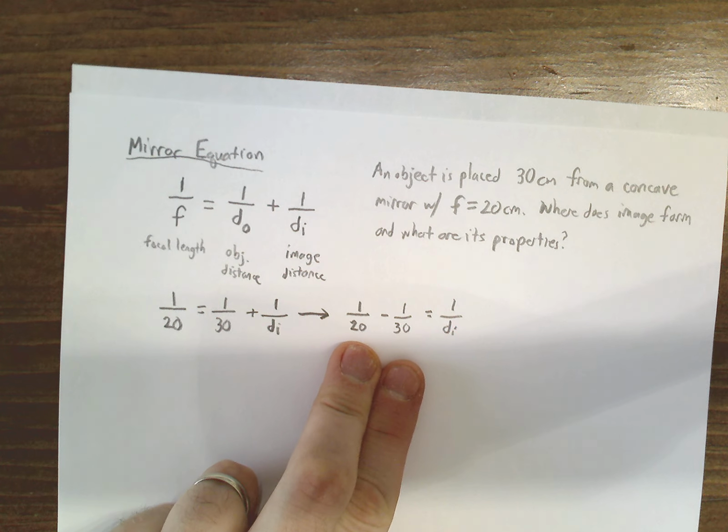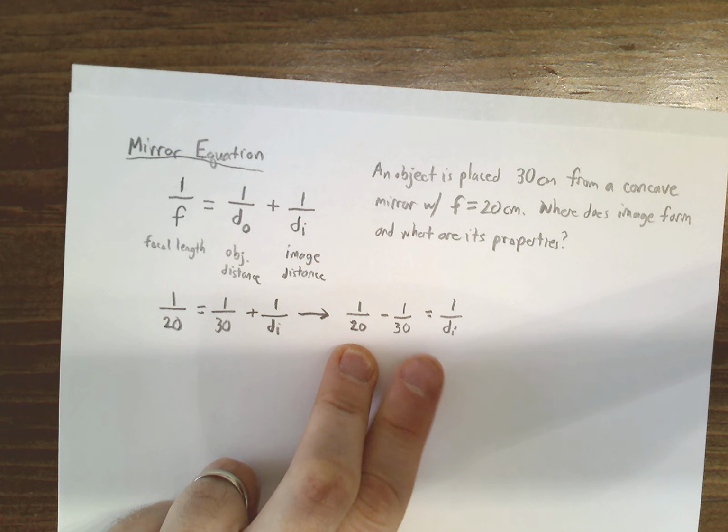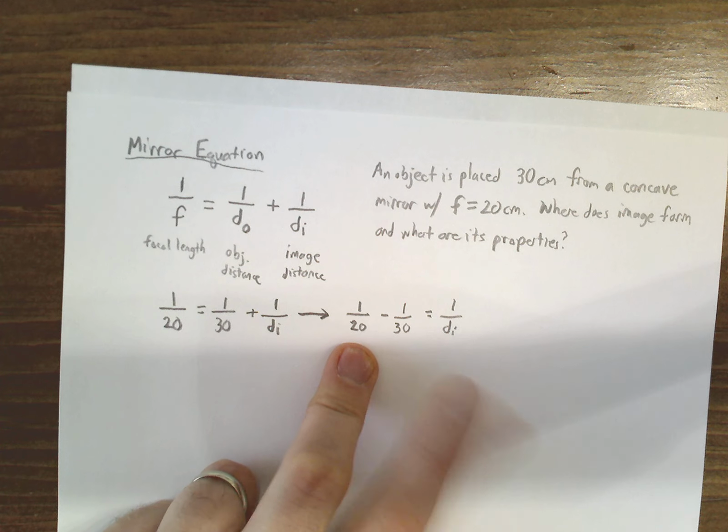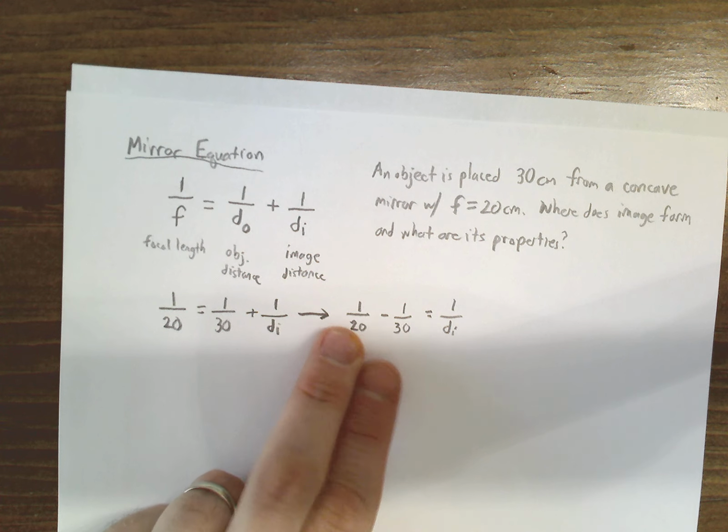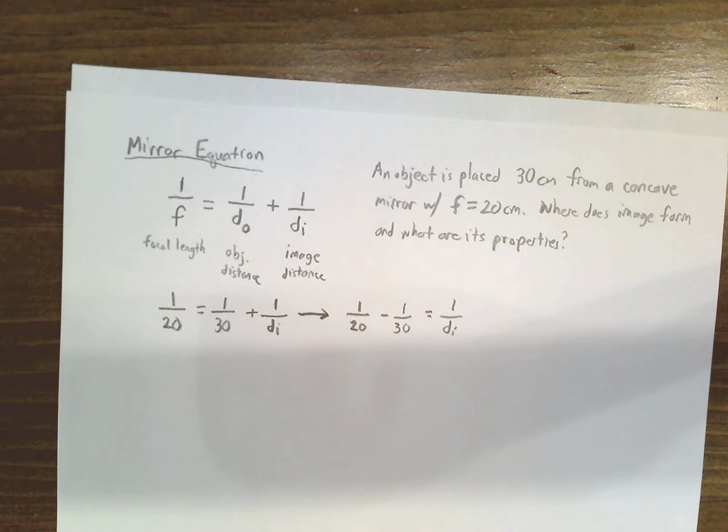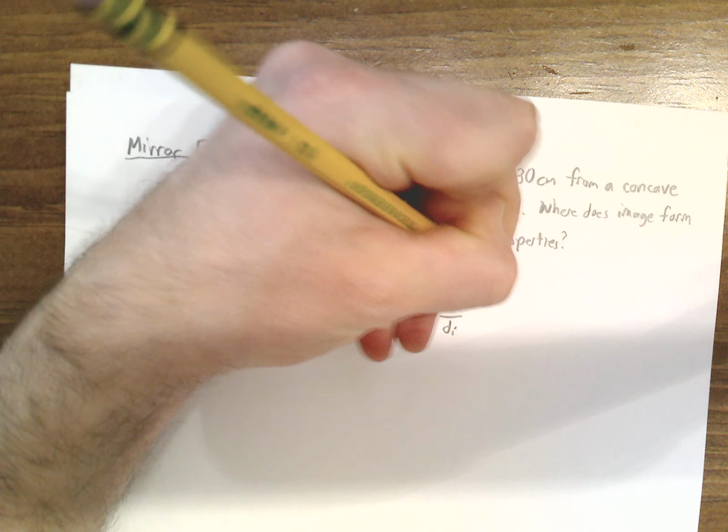Here you're going to get a number. You're going to put this into your calculator, and then you're going to get that number equals 1 over di. Just like with adding resistors in parallel, we have this reciprocal structure. When you work out the left-hand side of this equation, that is not the final answer. You always have to flip it. So don't forget to flip it.